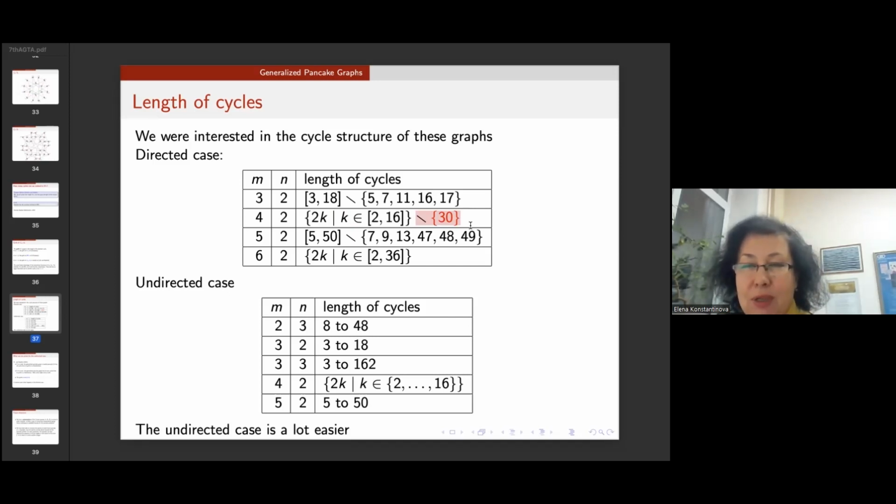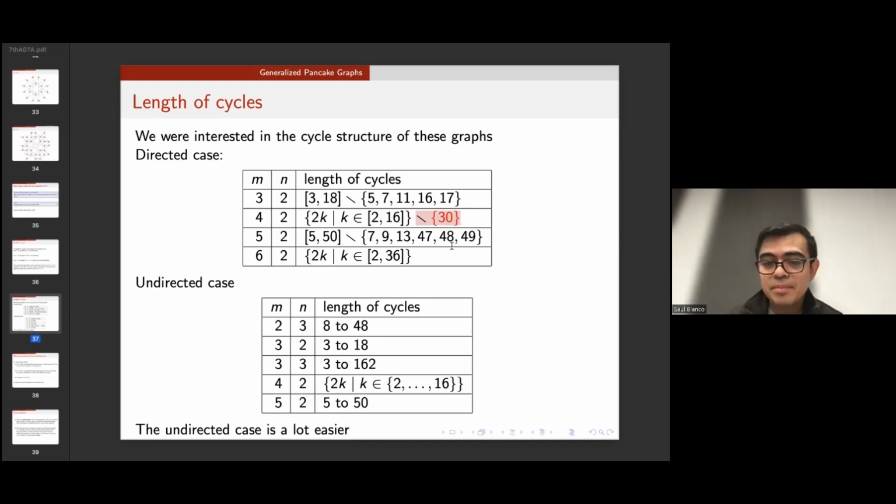What do you think? We tried to make conjectures for the directed case in a couple of different questions, but we couldn't really find one. We know obviously the degrees, and we break the transitivity, all of these properties, but we don't have a conjecture for the cycles.